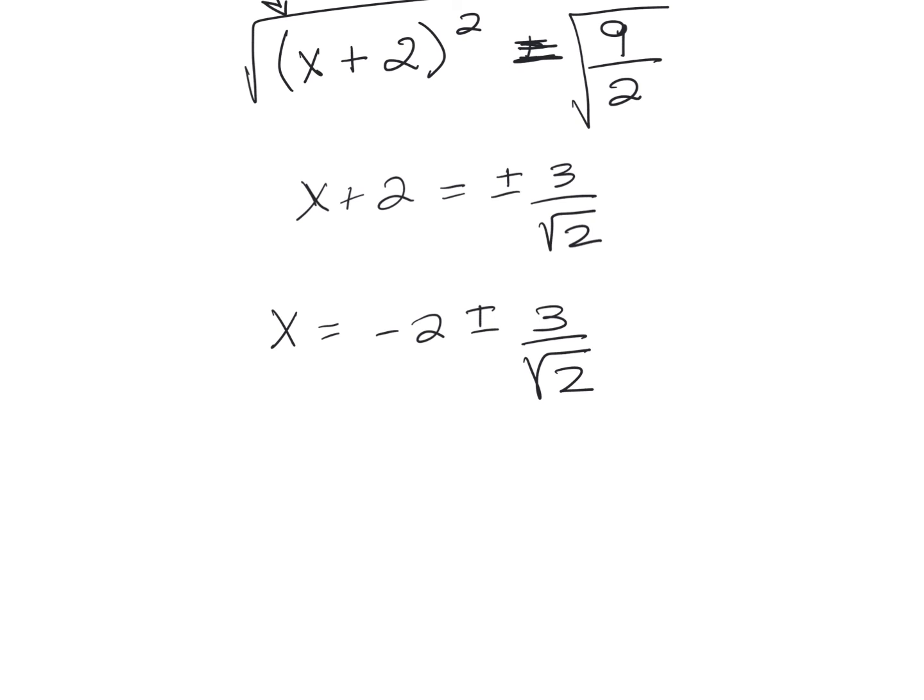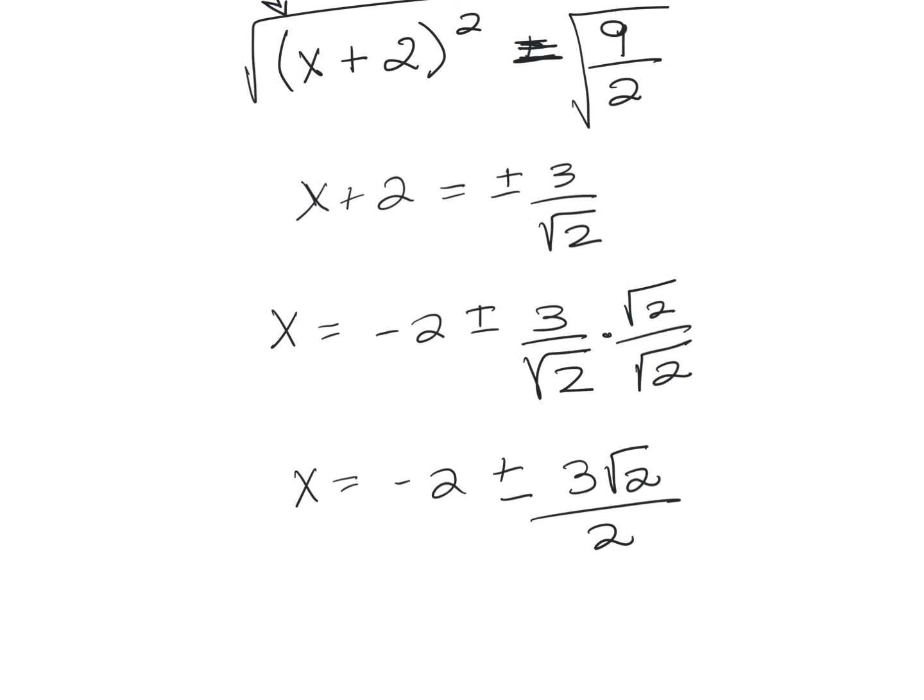Now, we try not to leave radicands in the bottom, which we'll talk more about in the next couple chapters. So I can multiply the top and bottom by the square root of 2. That will leave me something looking like that. Right? So that's how I could solve that equation, completing the square. All right. And I will wrap this one up for now and look forward to talking to you on the next one.